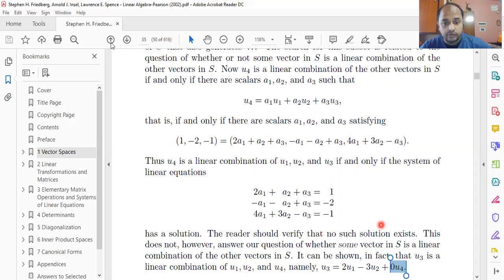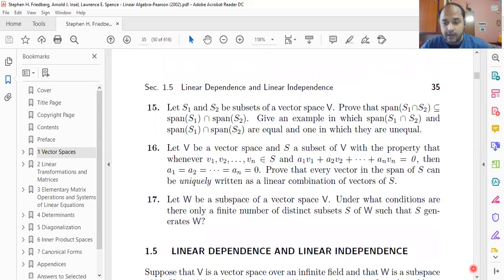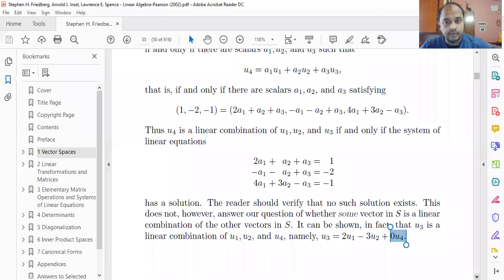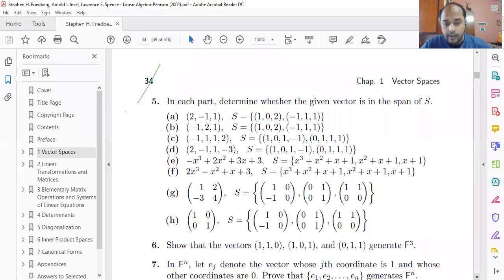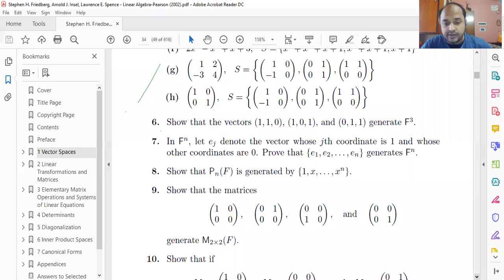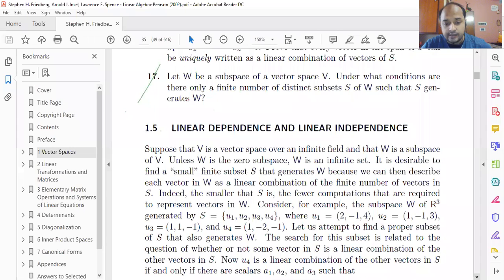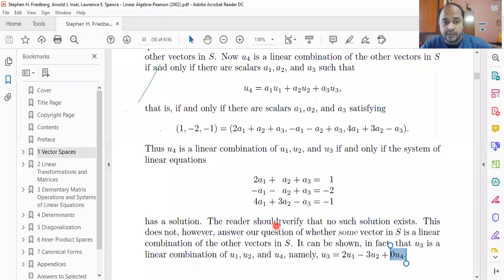Then they tried to find the solution, and they found that this set of equations with 3 unknowns has a solution, just like we found the solution in the previous case. They could find the values of A1, A2, A3. So they have left this particular section for you.